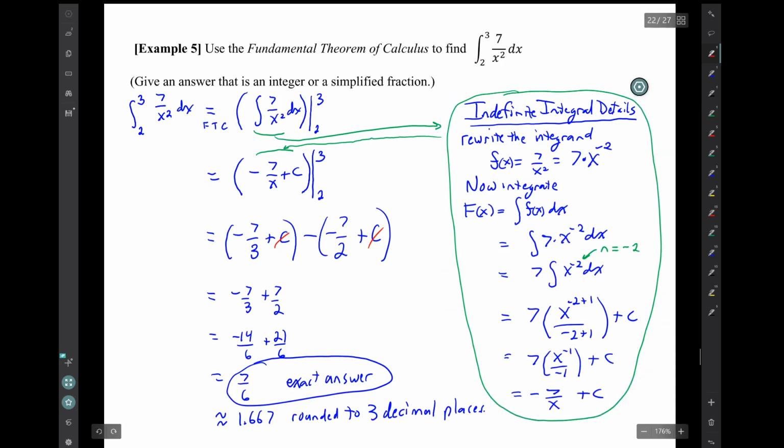The indefinite integral calculation involved the standard stuff, rewriting the integrand in power function form, using the constant multiple rule, recognizing that we had a power function with n equals -2, so we could use the power rule, and in the end, rewriting the final answer in positive exponent form. Then taking that result and substituting it back into the expression for computing the definite integral.